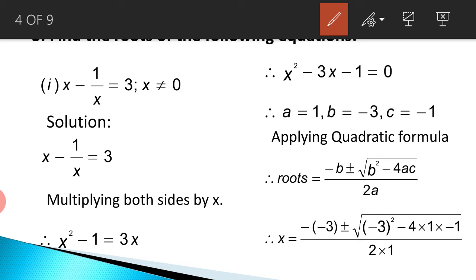It's a common hint for you. If c or a, see what I am saying, c or a, if any one of these two is negative, then what will happen, children? b square will be always positive and minus 4ac will also become positive. That means b square minus 4ac will be positive.